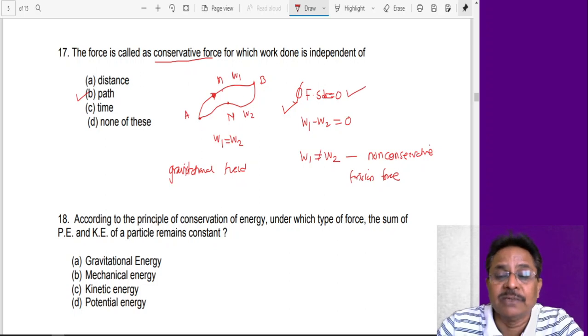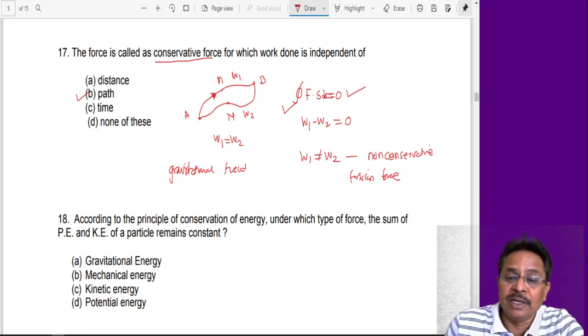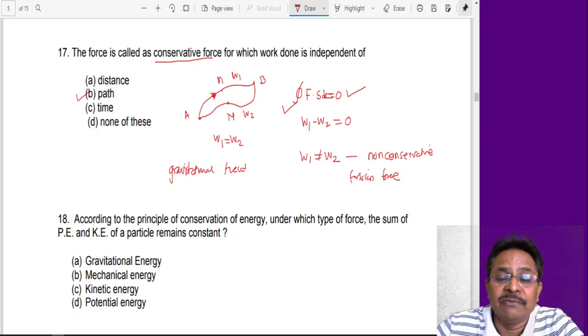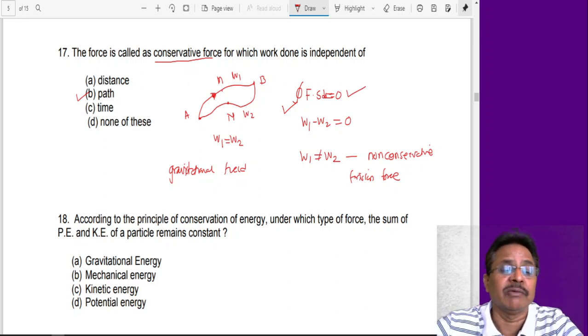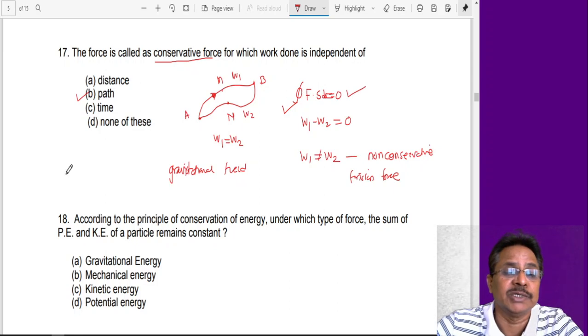Friction field or friction force is one such non-conservative force. Then time dependent electric and magnetic fields are also non-conservative. So the simple definition of conservative and non-conservative force field is whether the work done over a closed path is 0 or non-zero. If it is 0, then it is conservative. If it is non-zero, then it is non-conservative. So this is again a theoretical question which we have seen in question number 17.